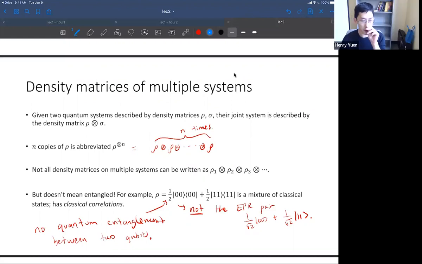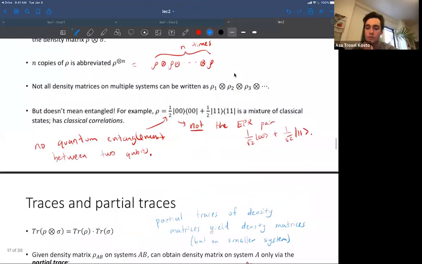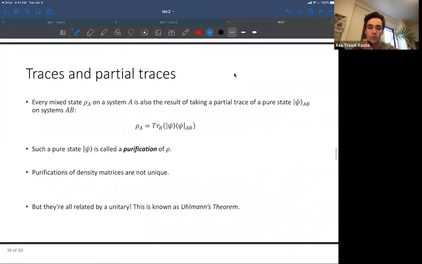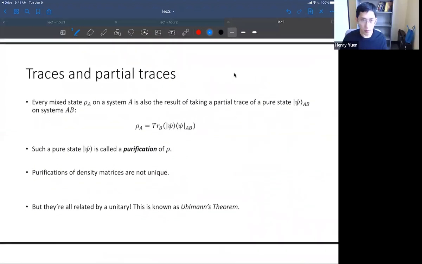Okay, so I'll say this. Let me go to that slide. Let's just talk mathematically here. If you have a mixed state, rho A, that's not really a mixed state, it's actually a rank 1 density matrix, so really it's a pure state. Then in this case, it's for sure not entangled with any other system. So that's point 1.